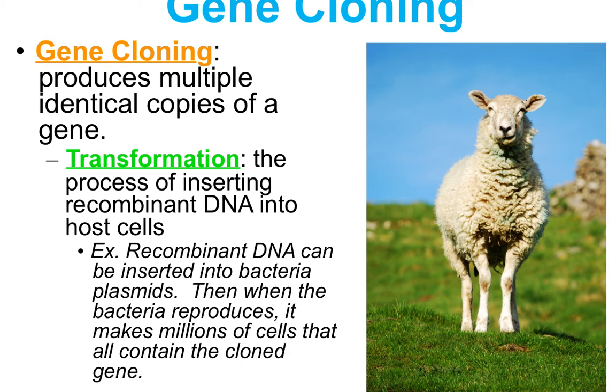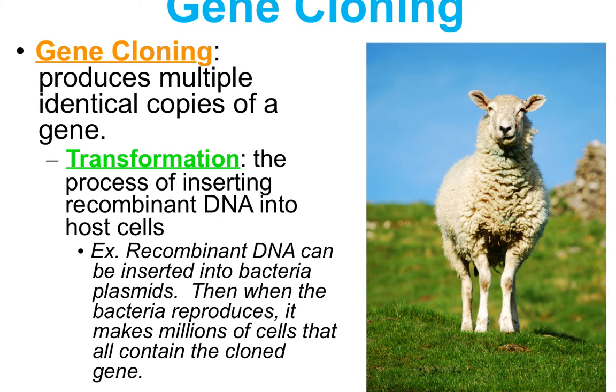And remember, recombinant DNA has two species or two combinations of DNA inserted in there. So recombinant DNA can be inserted into a bacterial plasmid. I should say a bacterial plasmid is what we call the DNA strand inside of a bacteria.